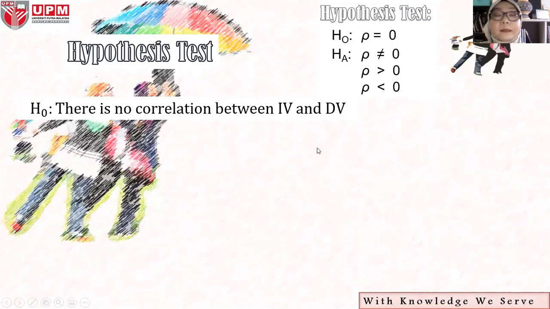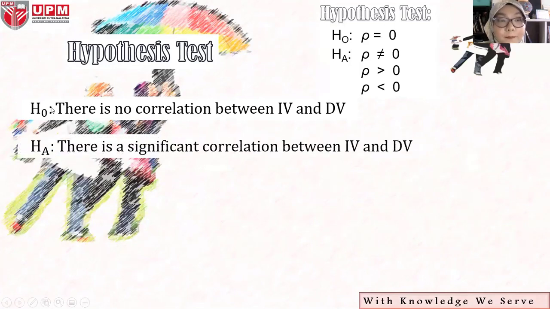But in reality, we can simplify things by directly mentioning the name of the variables. For example, for your null hypothesis, there is no correlation between IV and DV, and for your research hypothesis, there is a significant correlation between IV and DV.